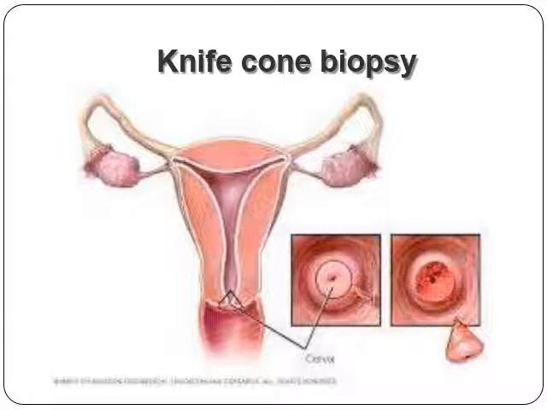The other way to take a good sample or biopsy from the cervical tissue is by knife cone biopsy, using a knife or scalpel to remove a wedge-shaped sample from the cervix. The apex of the wedge, as you can see, is towards the inside, and the base is outside.